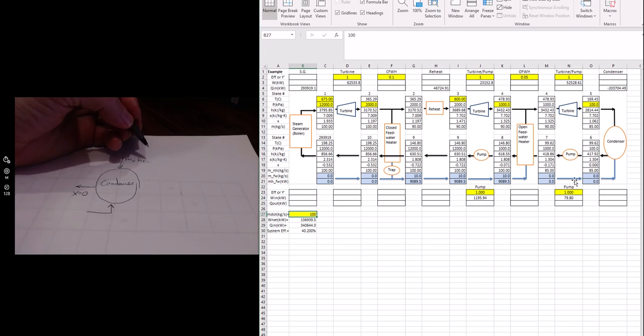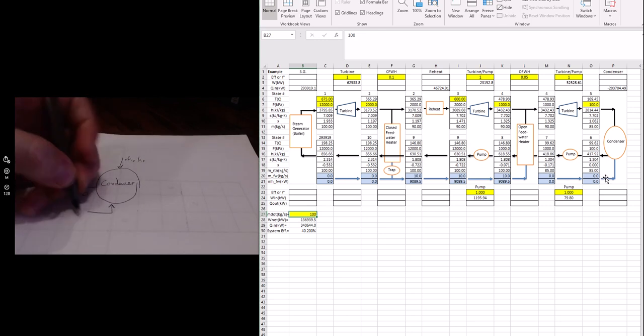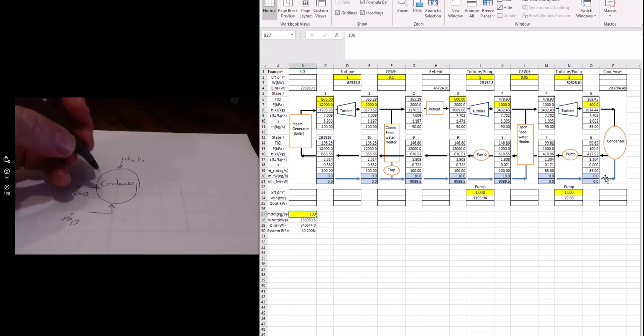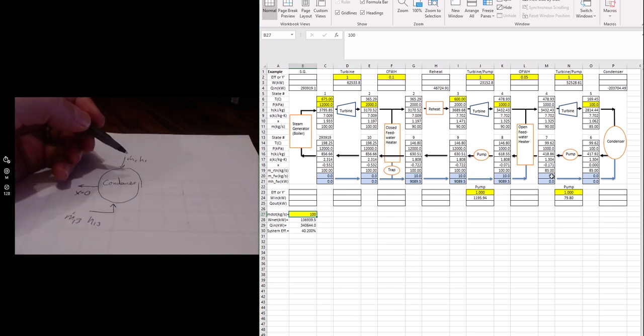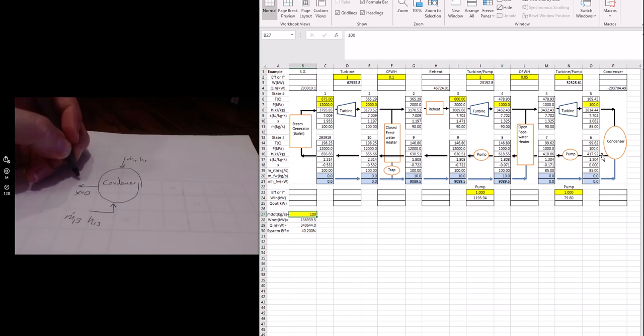This one's not labeled, but if it was, maybe it'd be 13. So m dot 13 and with an H13. Of course, it was coming in here, it would be these values. This term here is the mass flow rate times the enthalpy already multiplied together, so that's coming in there. And then this is coming out here. And that will be then the sum of the mass flow rates of those. So m dot 6 equals m dot 5 plus m dot 13.